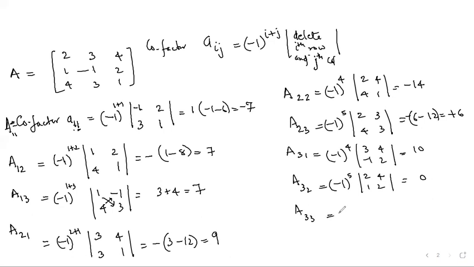A33, minus 1 raised to 6. 2, 3, 1, minus 1. So that is minus 2 minus 3, minus 5. Now this you should do mentally, yeah? This calculation, you don't have to write all this.